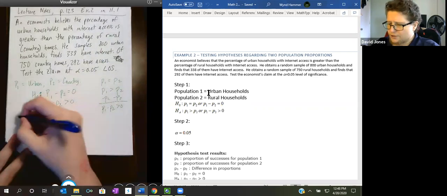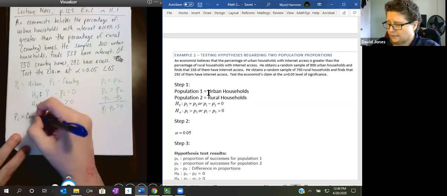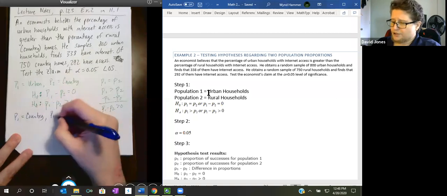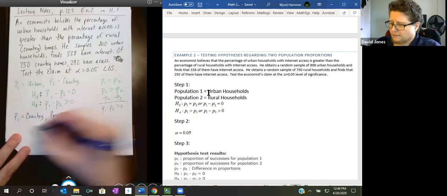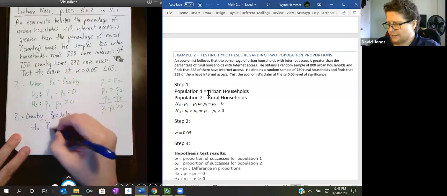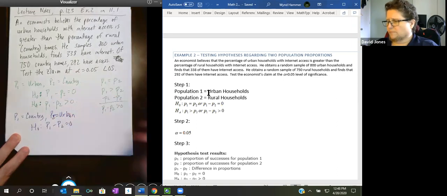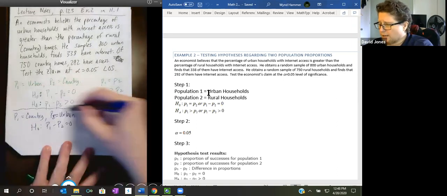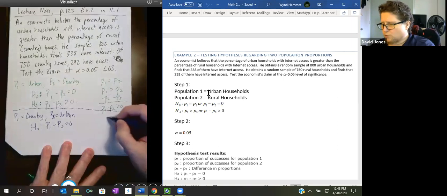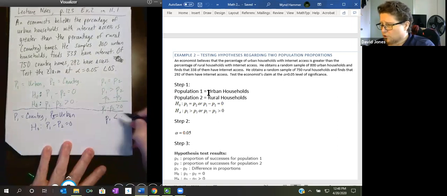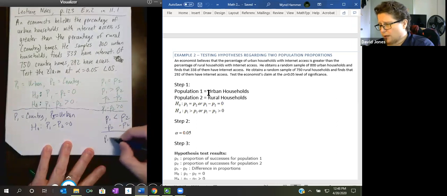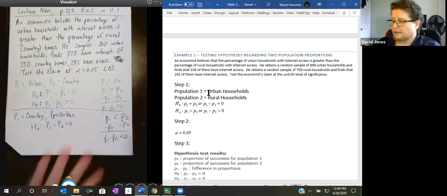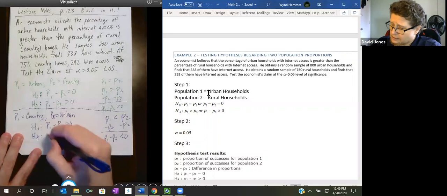If, on the other hand, you said P1 is country and P2 is urban, again, the H naught stays the same. But here, we want the urban ones to be greater, so the alligator is going to go towards P2, the urban. And when I subtract P2 from both sides, I get P1 minus P2 is less than 0.